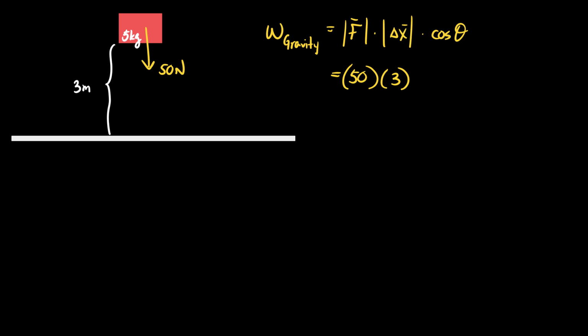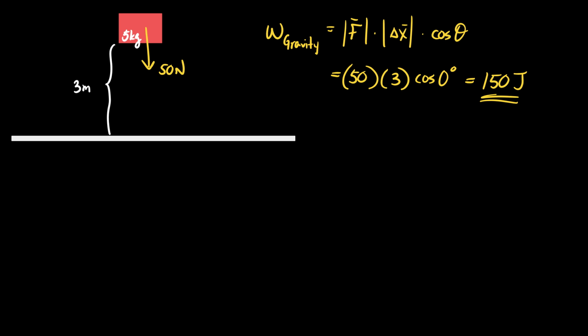Well, the box is being pulled downwards. Is the box going downwards? So what's the angle between downwards and downwards? Yeah, 0. Don't make it hard. So the work done by gravity, 150 joules.